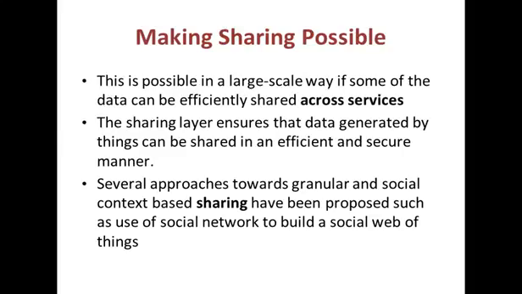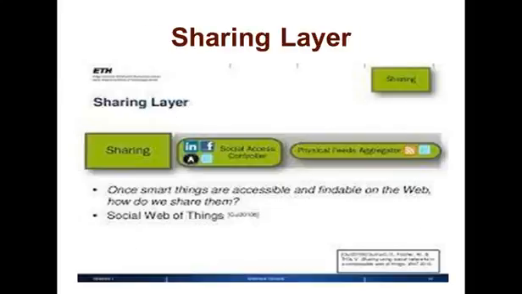This enables searching for these things through search engines. Because the accessibility layer has given a unique URL for the device and findability has given a description, we can now use the same search engine to identify items on the internet. If I have connected a sensor to the internet, the Google search engine can identify it because it has a unique URL and it can also describe itself.